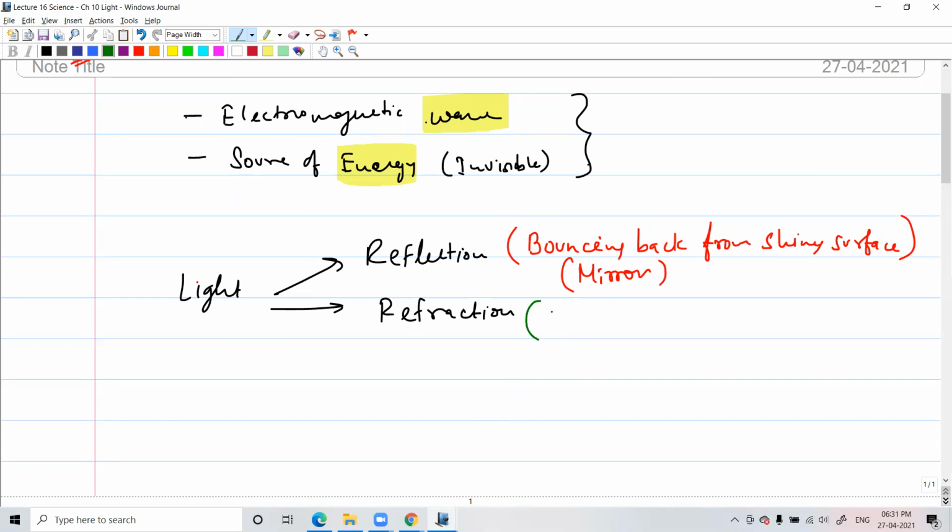It's very good. So again, when the light passes through something like a transparent medium, like glass or water or any other liquid for that matter, something transparent, how light behaves when it passes through a transparent medium.